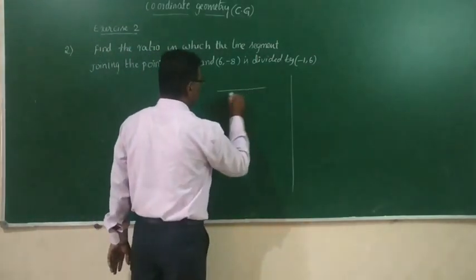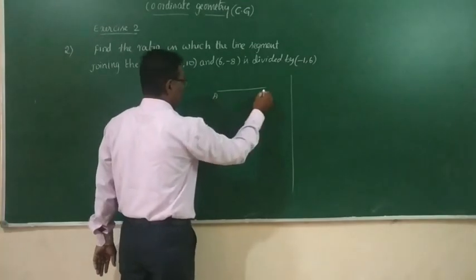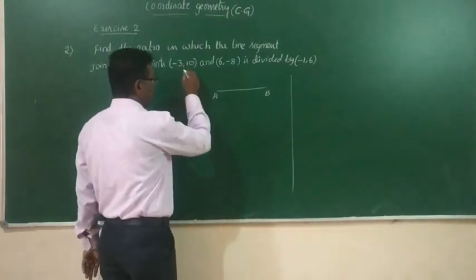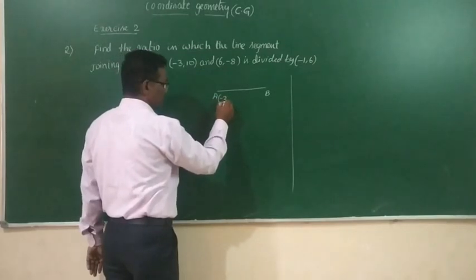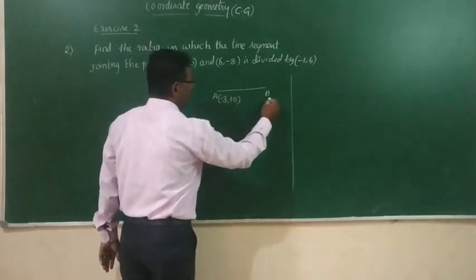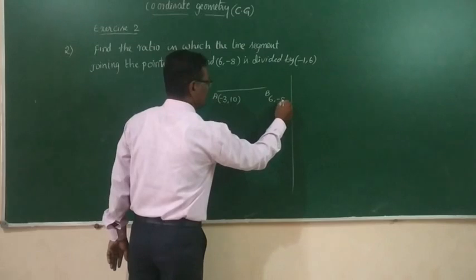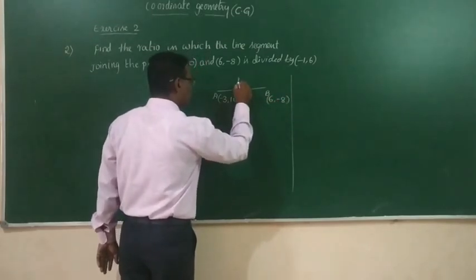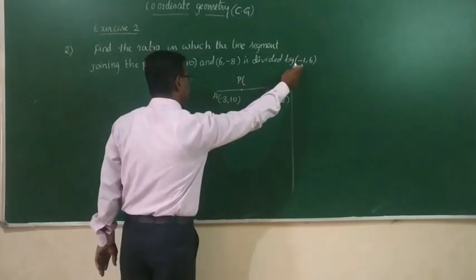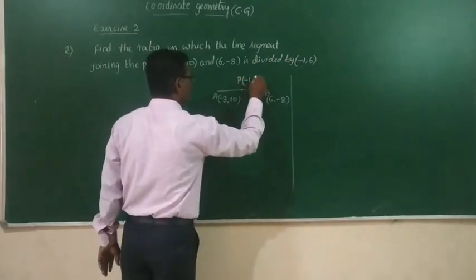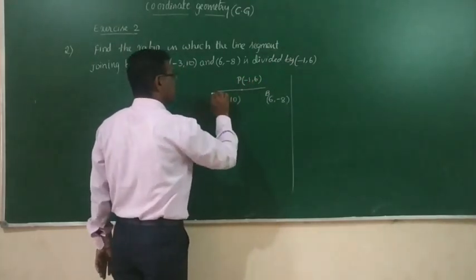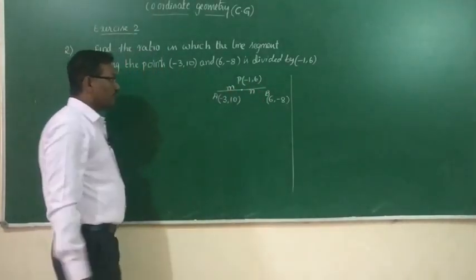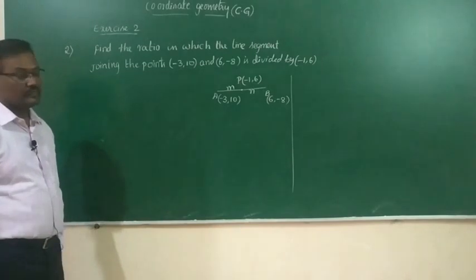Here, let us name A, B. The line segment joining A, B, where A point is minus 3 comma 10, B 6 comma minus 8. And there is a point P. Dividing point is P, minus 1 comma 6. It divides in which ratio? M is to N ratio. That we need to find out.